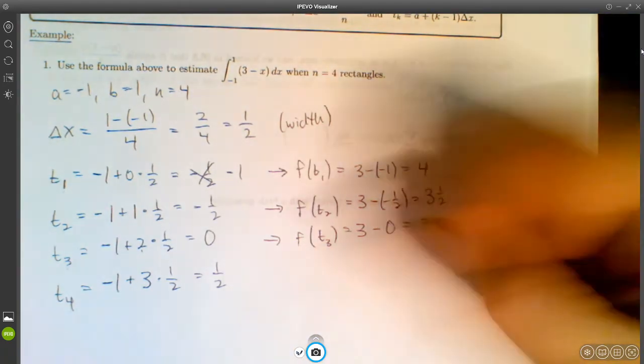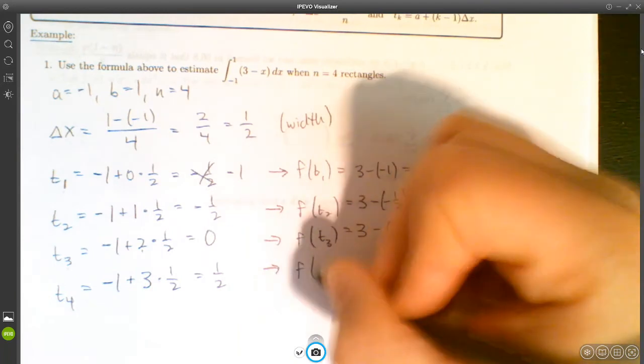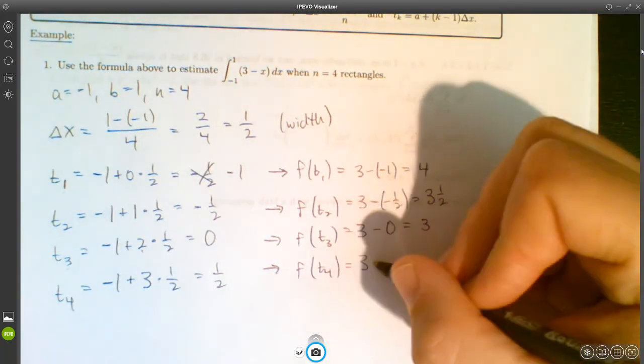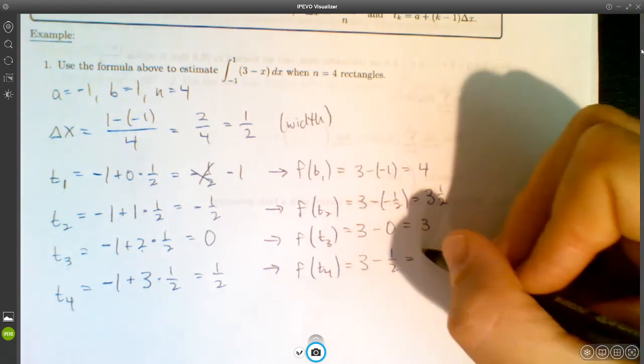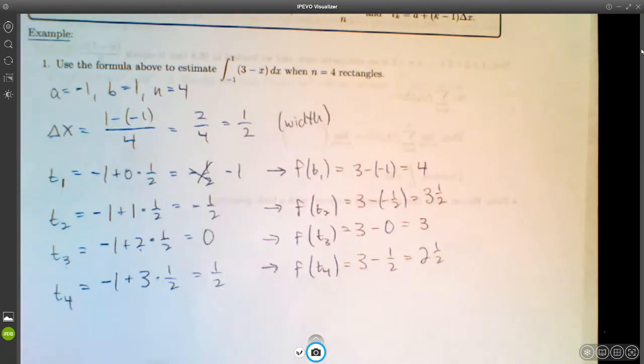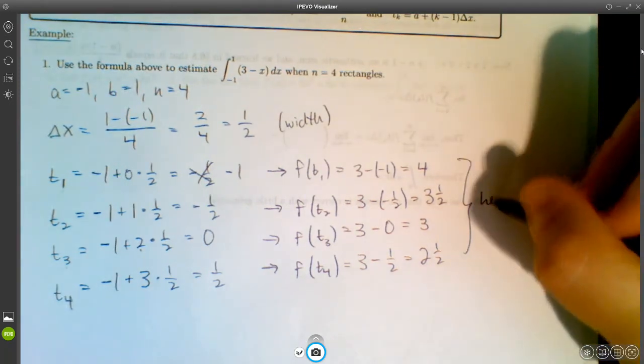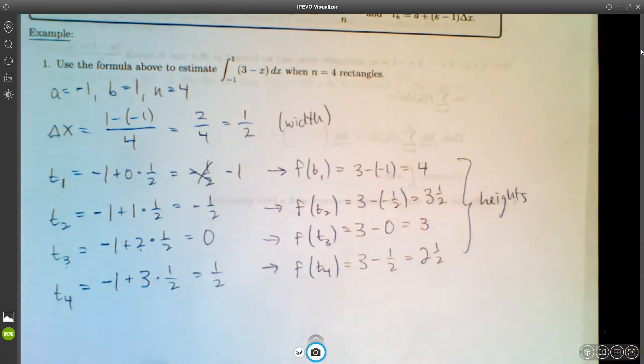So that's just 3. And then the height of the fourth rectangle is 3 minus 1/2. So that's 2.5. Okay, so these are the heights of each of the rectangles.